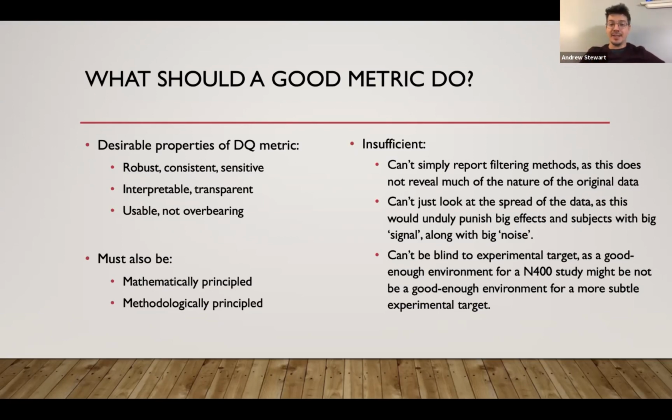And I think it also makes sense that the metrics we use should not be blind to the experimental target. Something that is sufficient for an N1 for 100 might not be sufficient for examining a feedback-related negativity. It might be that we need different signal to noise ratios to establish these things well, and so different environmental situations.